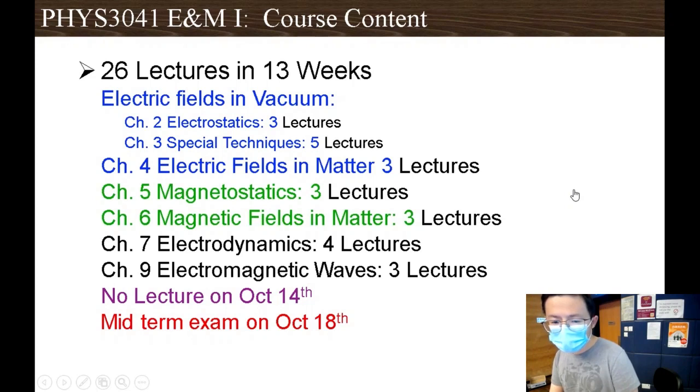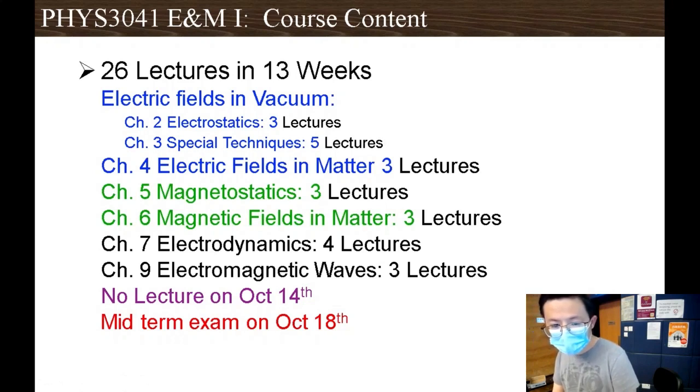I will go through the second and third chapters in about 8 lectures, and this is about electric fields in vacuum. So this only considers the electric field and no magnetic field, and it's a static field. Chapter 4 is an additional 3 lectures, which brings matter into play.